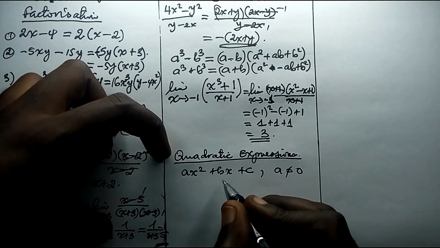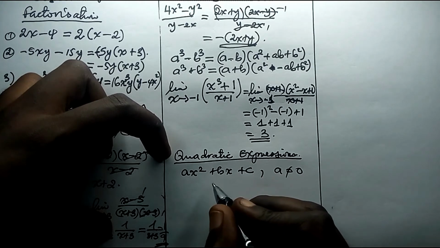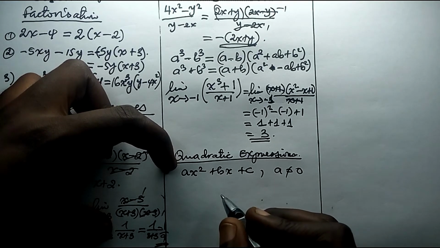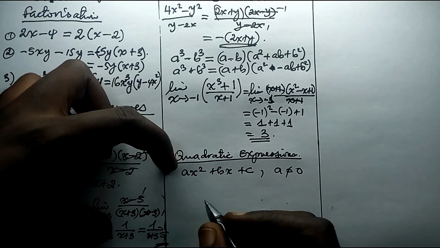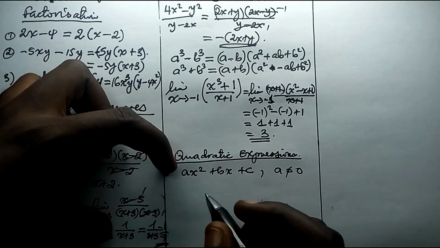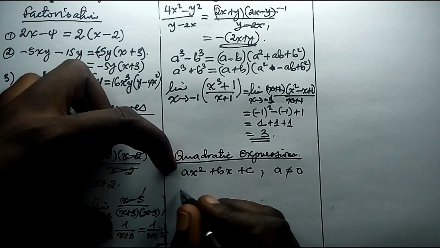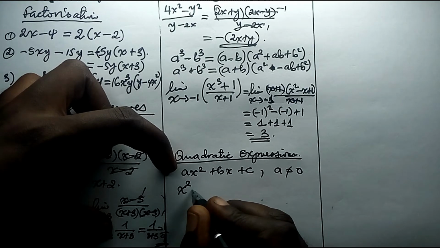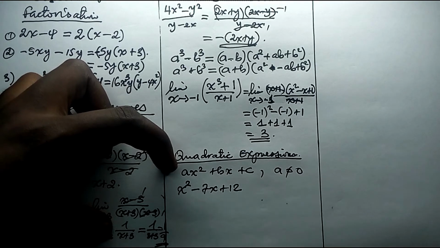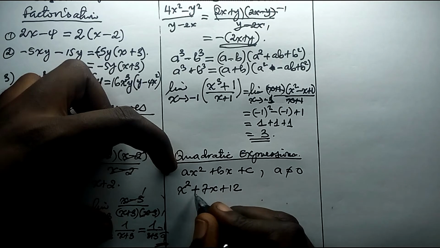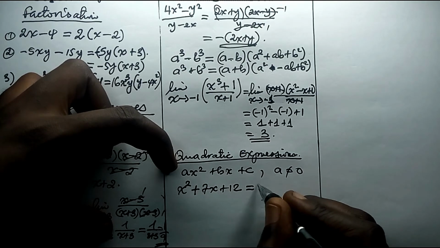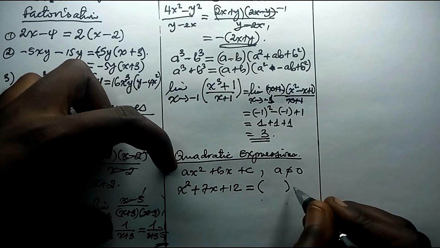Usually to factorize is one of the speed breaks when you are solving problems in mathematics. There is need to look for a shortcut for getting the factors as fast as possible. And a simple method of doing it is called the cross method. Consider x squared minus 7x plus 12. Or let us start with plus 7x plus 12. In this method, I go straight to getting the factors.